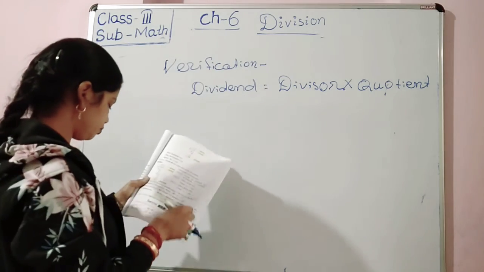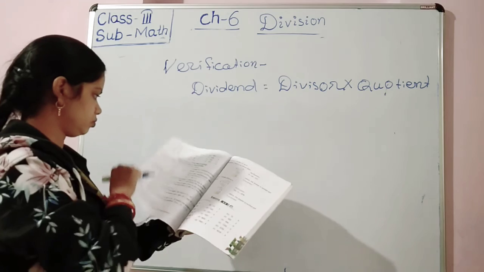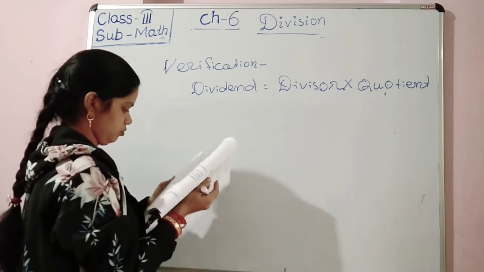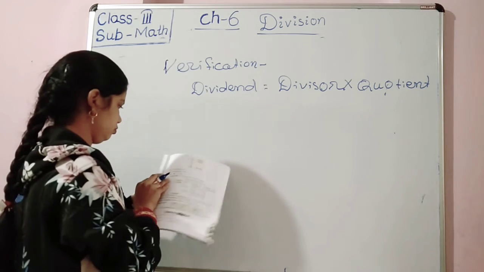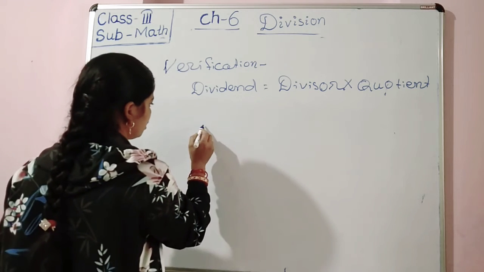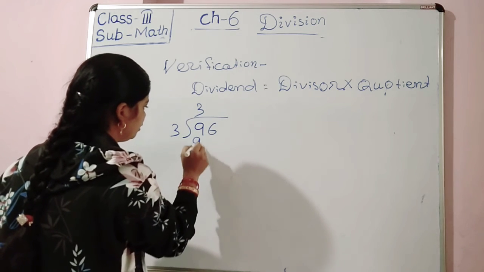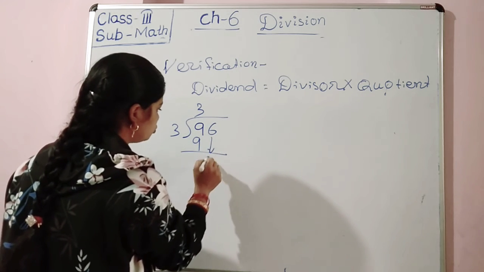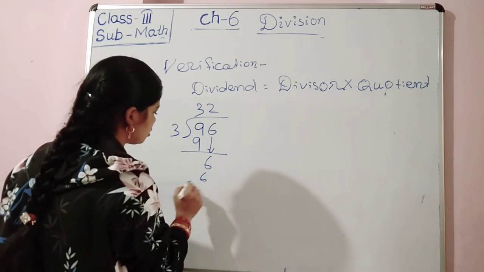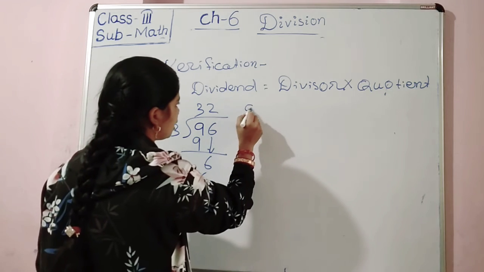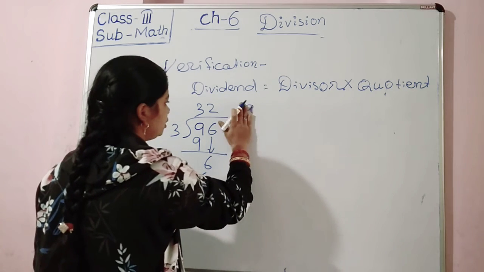Look, the same, suppose 96 divided by 3: 3 3s are 9, here comes 6, 3 2s are 6. Now we check: dividend is equal to what? 96.